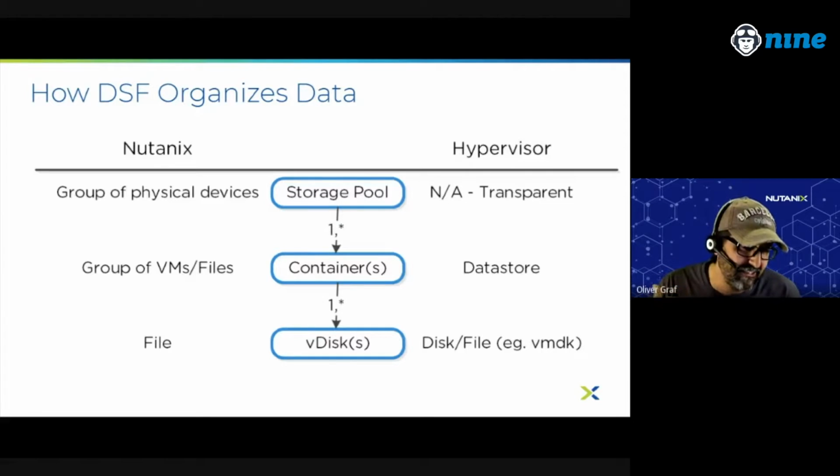A vDisk is any file over 512 KB on the DSF, including VMDK files and VM hard disks. vDisks are a logical composition of blocks which make up the block map. And just a side note to talk about the max size of a vDisk.